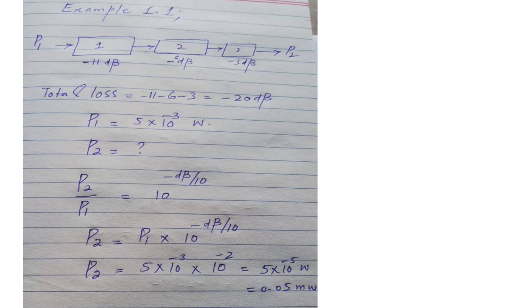P1 is 5 into 10 raised to power minus 3, and dB is minus 20 dB. Putting these values in, we obtain the output power of this cascaded system as 0.05 milliwatt. So this is how we do example number 1.1.